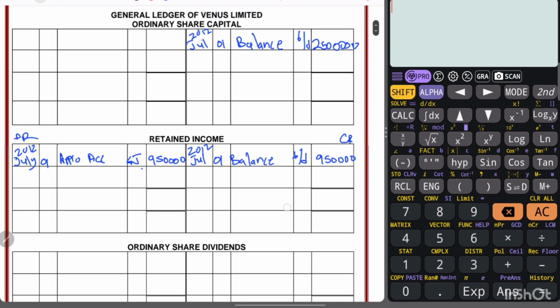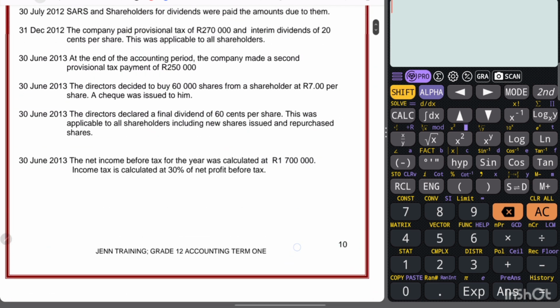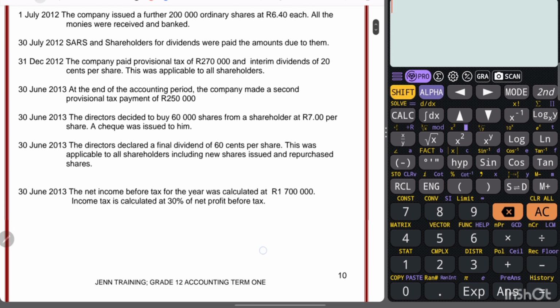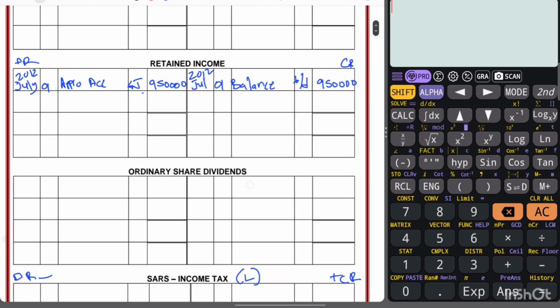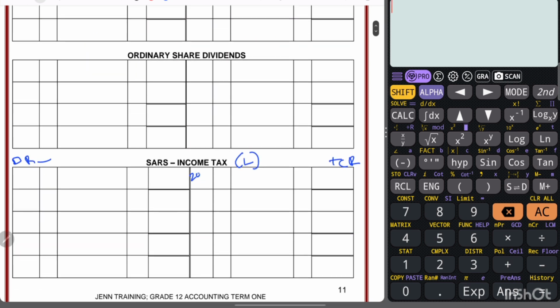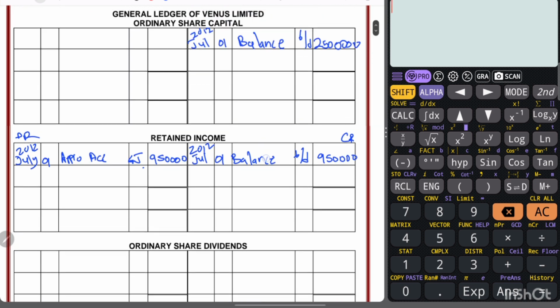Because here we have a credit balance, it means that we are owing SARS. Then we must record it on the credit side. It's going to be 2012 July 01, balance brought down, 17,000.